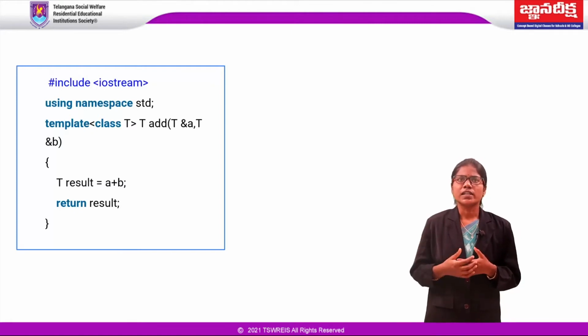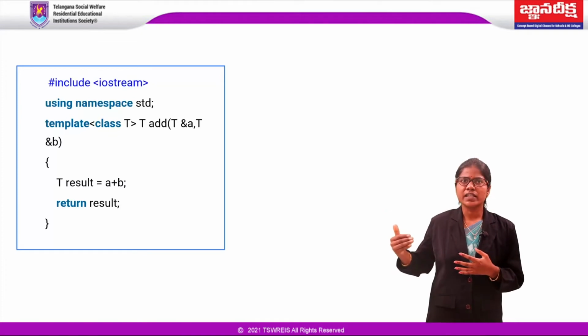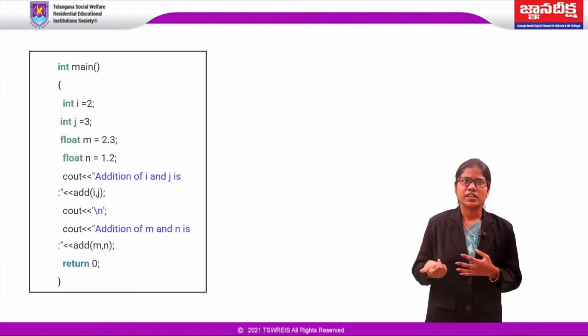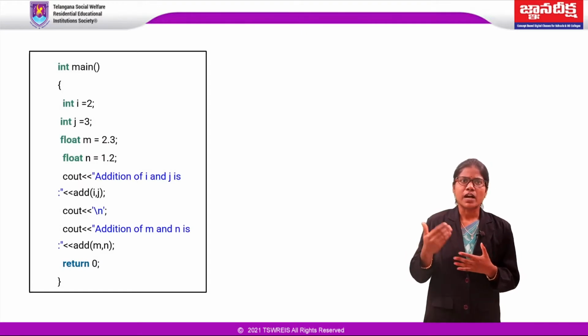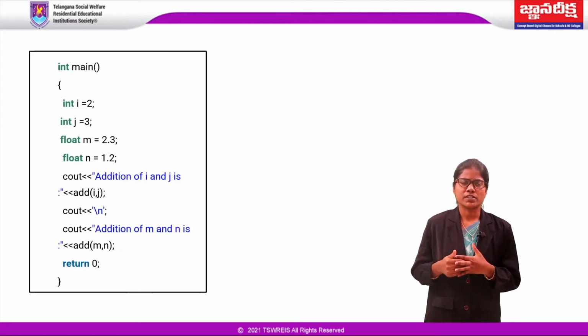Here we are calling the add function from the main method by providing arguments. Here we took two integers i and j, and these arguments are passed to the add function. In the next line we are calling the add function with two float numbers.